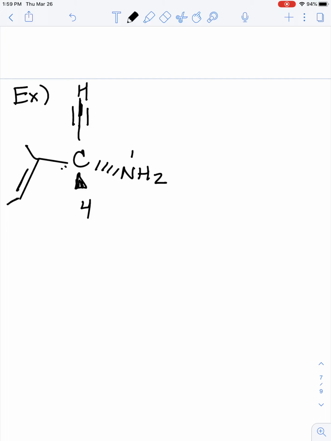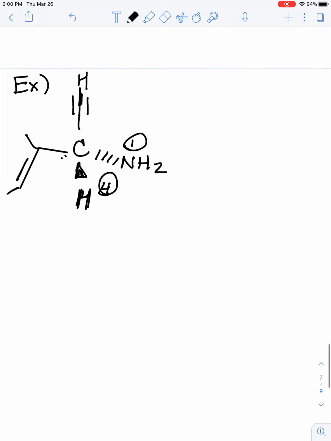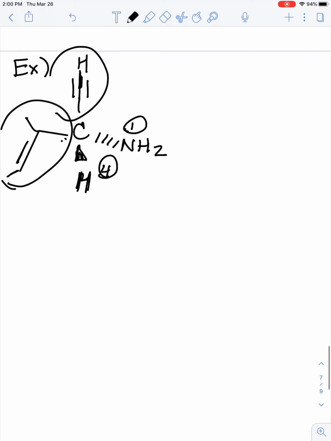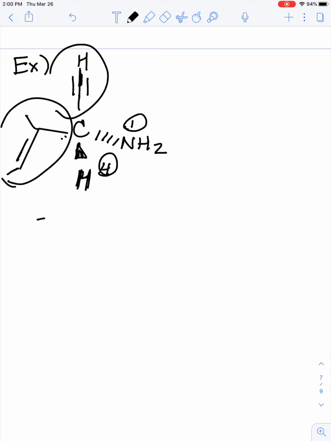So 1 and 4 are pretty easy, right? So this one would be the highest priority because it's attached to a nitrogen. And this hydrogen here would be our lowest priority. So now we have to look at this group here and this group here and think what is it attached to. So if we think about it, we have something that looks like this.